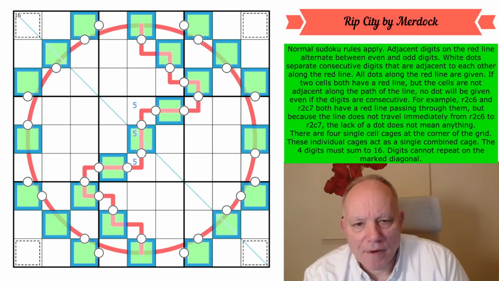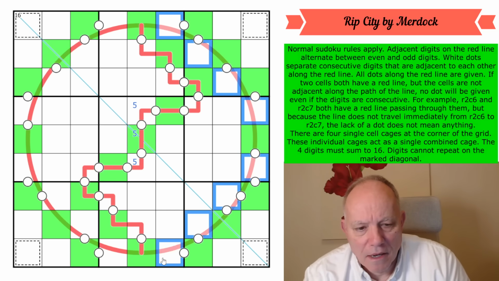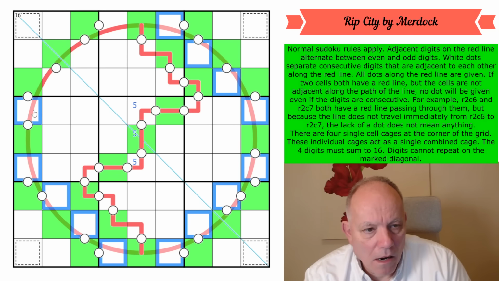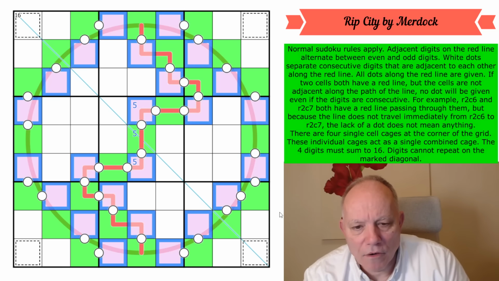So let's make them green. Let's make all the other cells on the lines pink. And then let's see if the grid is going to tell us whether pink or green is odd or even.